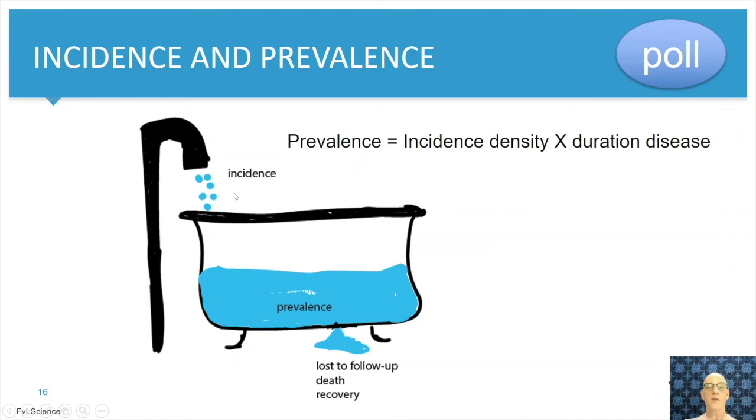Because water is getting into the bathtub, but because the duration of the disease is long, there is no loss of water, or at least very little loss of water. So the water level would easily rise. If you have the same incidence, but a disease is cured very, very quickly, then the water will not rise that fast because a lot of water is removed from the bathtub.